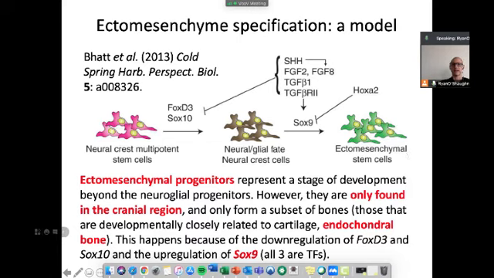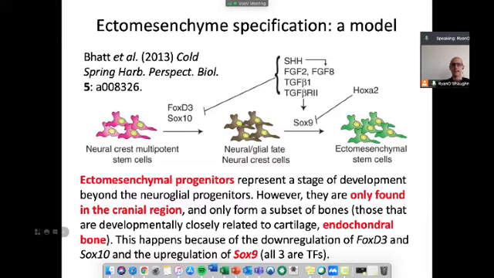So these ectomesenchymal progenitors represent a stage of development beyond the neuroglial progenitors. However, they are only found in the cranial region and only form a subset of bones, those that are developmentally related to cartilage, so-called endochondral bone.